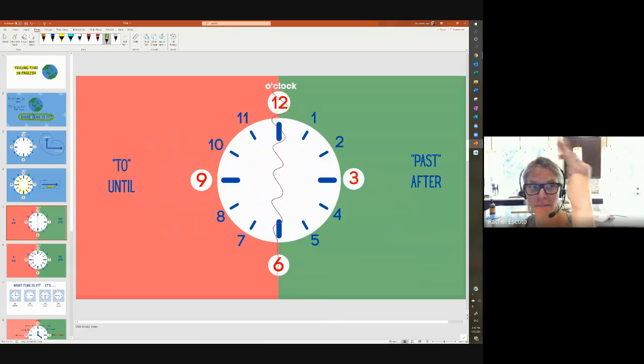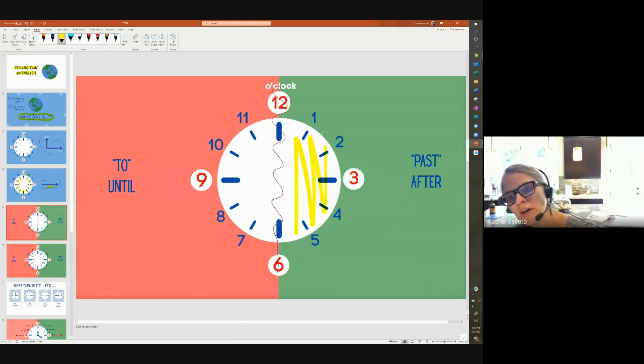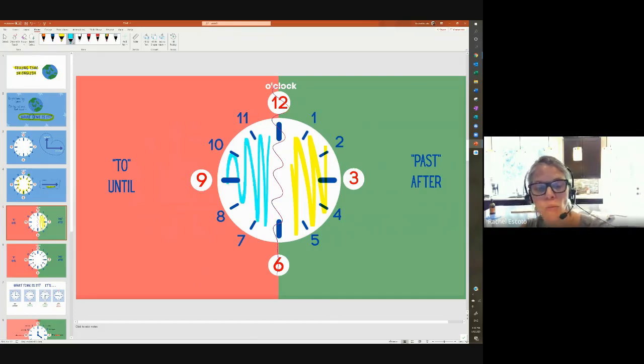Okay, whenever the minute hand is on this side over here, we call this past or after. And whenever the minute hand is on this side, we call it to or until. So we have past and after on one side and to and until on the other side.